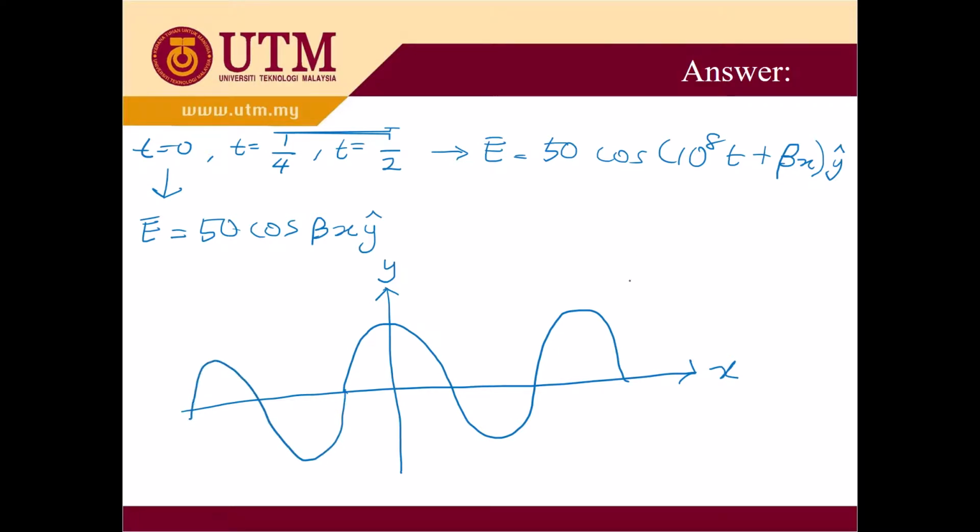When you put the values, basically here the value should be lambda over 2, and here is lambda. Here is negative lambda over 2, and here is negative lambda.